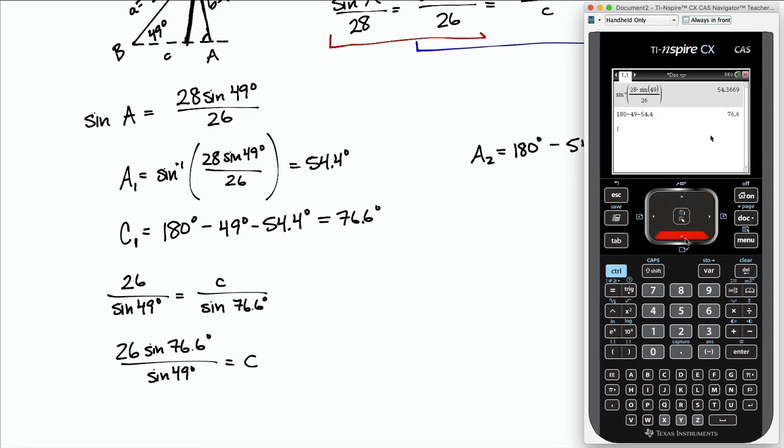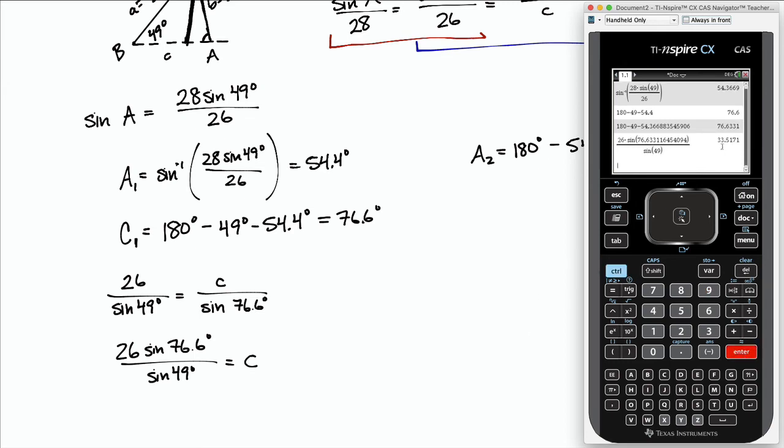I'm going to do 180 minus 49, and then minus that not rounded form, and then hit enter, and that's the angle I'm going to use in this. So I've got 26 sine of that number, and then divided by the sine of 49.